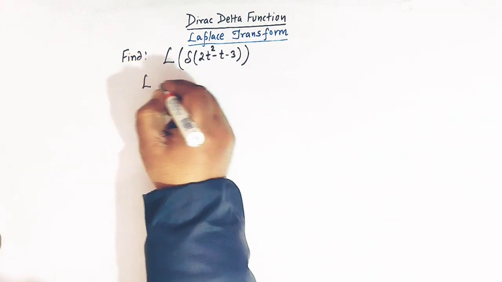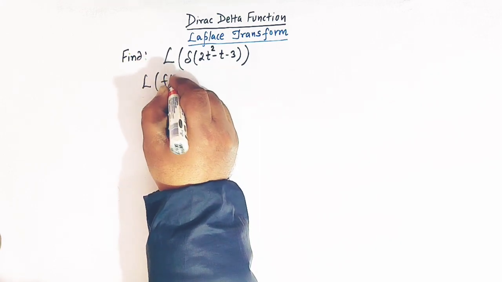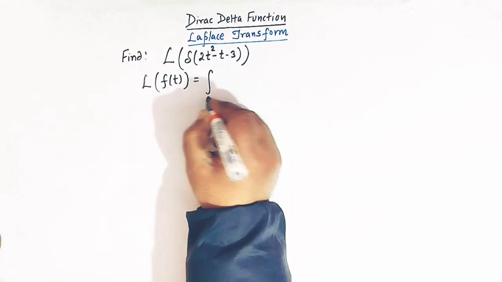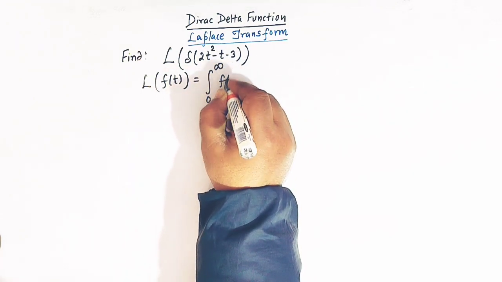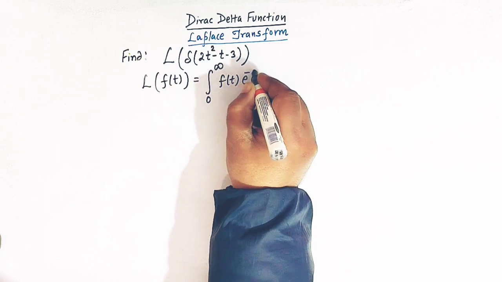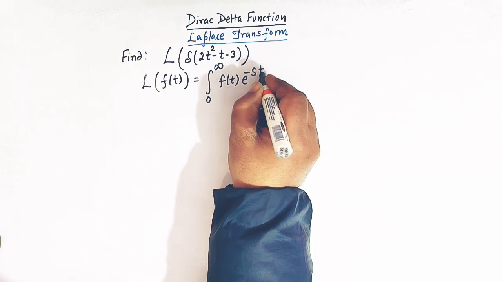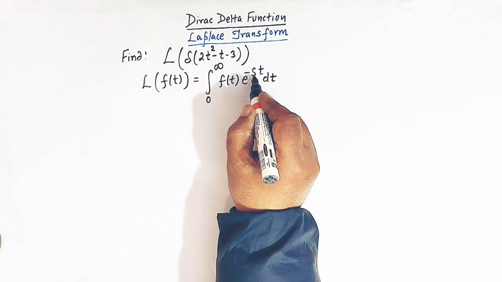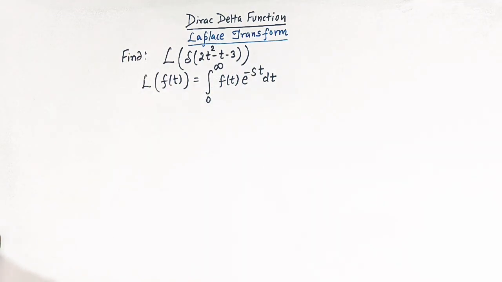The definition is given by this integral, 0 to infinity f(t) e^(−st) dt, where s is a parameter which may be a real number or complex number.